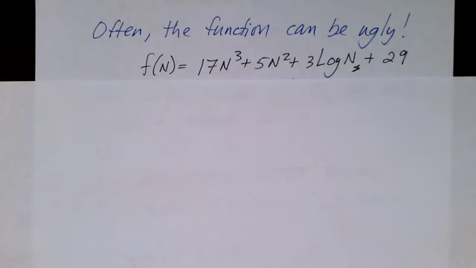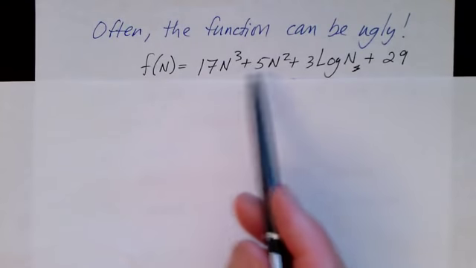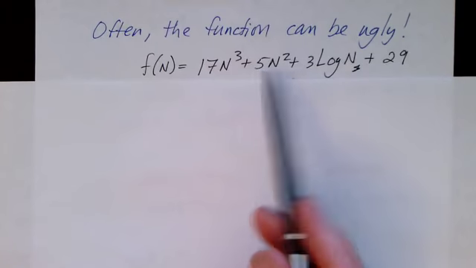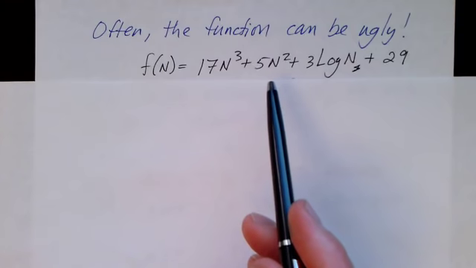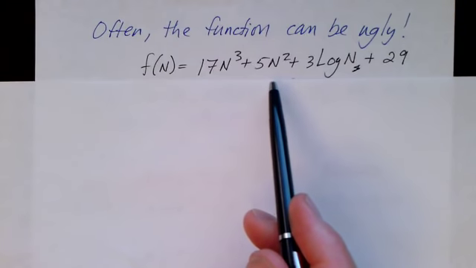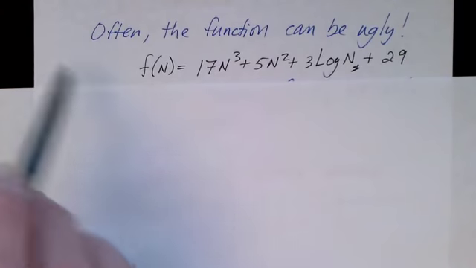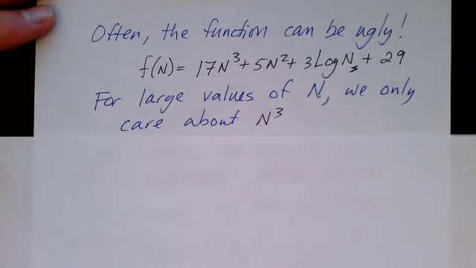Here I've just shown an arbitrary function that I made up, but it gives you the idea that the function can have a number of different terms, and these terms can have all kinds of things going on in them. So the maximum running time for inputs of size n might be some complex, ugly function. And we like to simplify things.